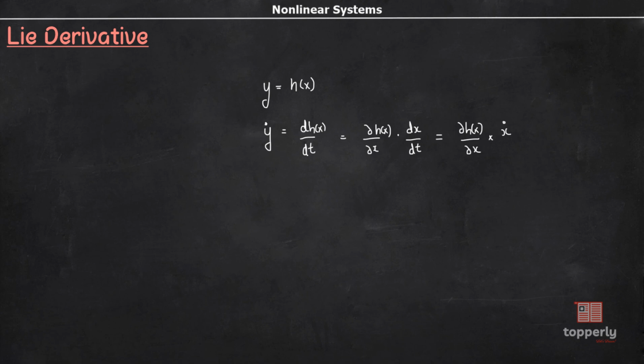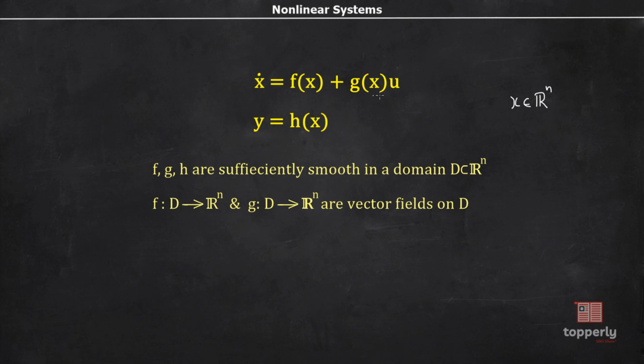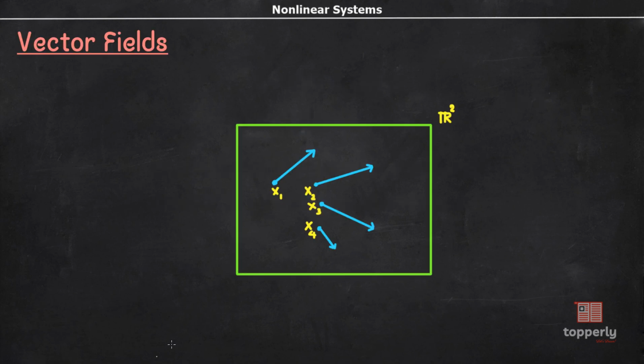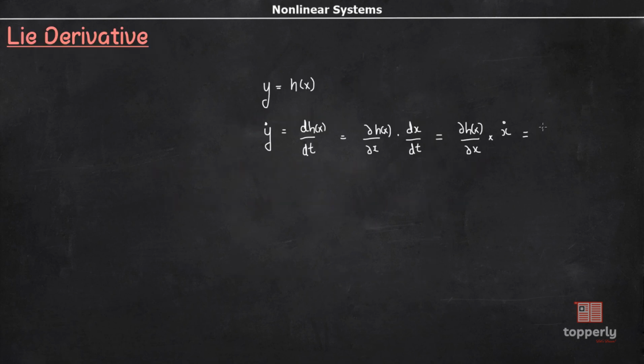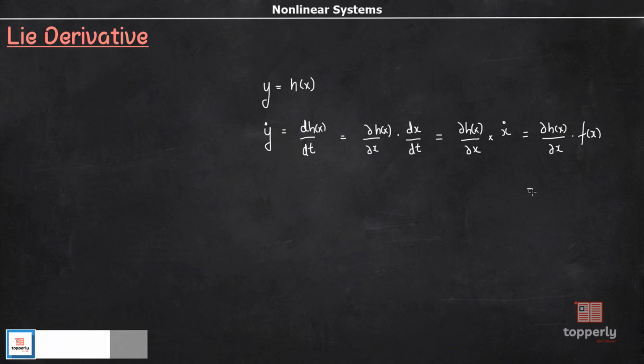And we know that x dot equal to f of x plus g of x into u. For the time being, I am assuming that u is absent, so the term g of x into u will be 0. Therefore, x dot will be simply equal to f of x. So, this will be dou h of x by dou x into f of x. And this can be written as Lie derivative of h of x with respect to f. This is just a handy notation, that's all.